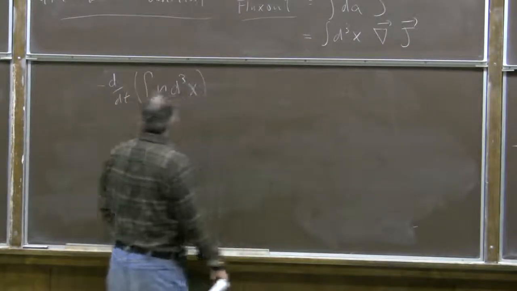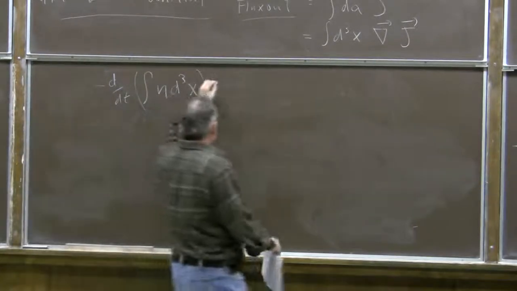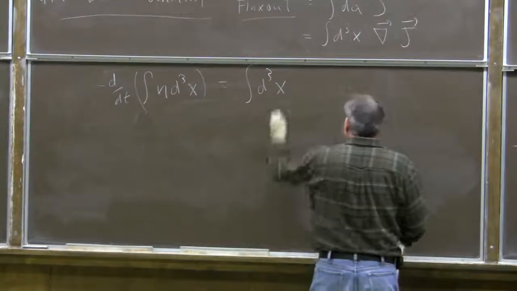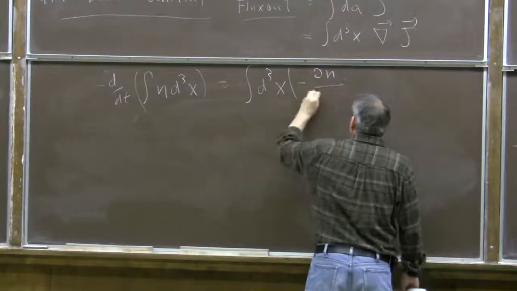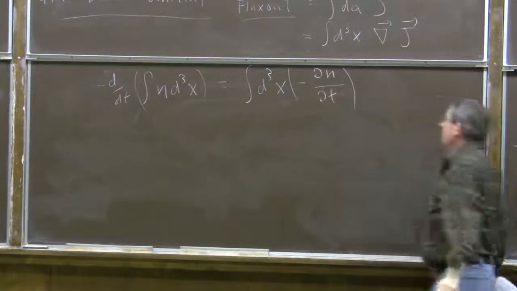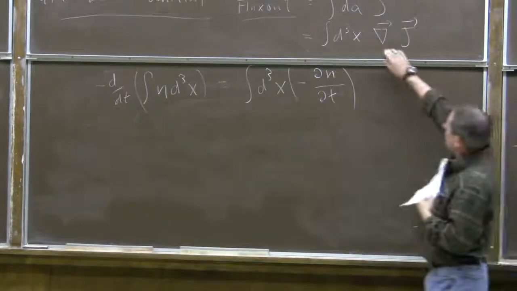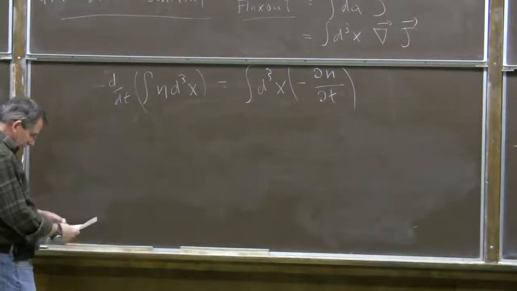So that's the total number of ink molecules in the cell, and this is the rate at which that's increasing. So I can write that as the integral of minus the partial derivative of the density per unit time. So since I can equate these two, there's a continuity equation satisfied by ink molecules.